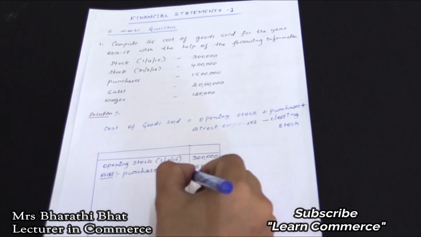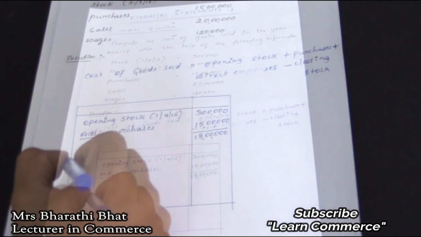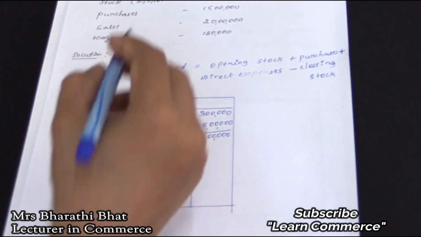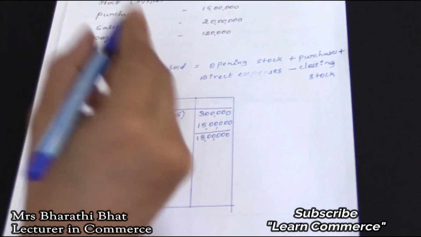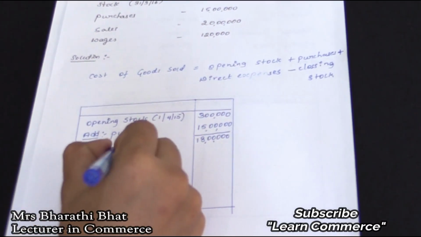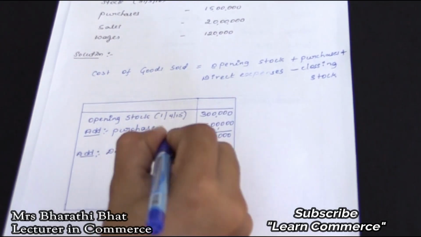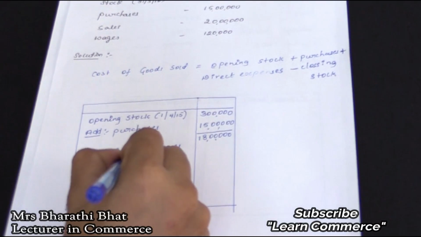The total comes to 18 lakh. Add direct expenses if any. Here wages is given, and wages come under direct expenses, so write direct expenses, in that wages.